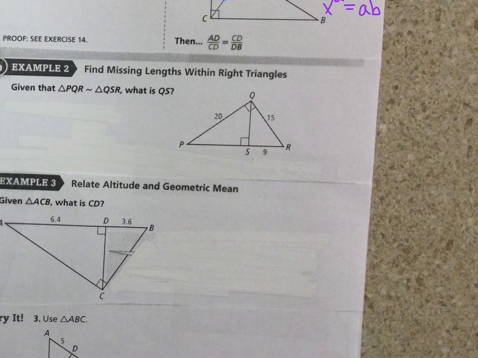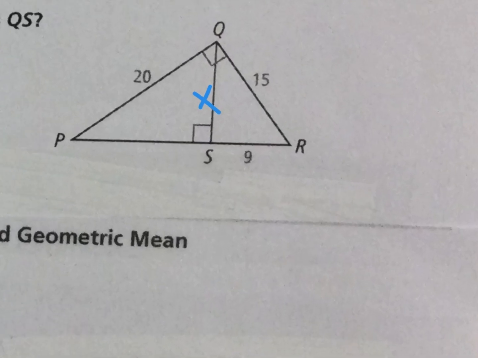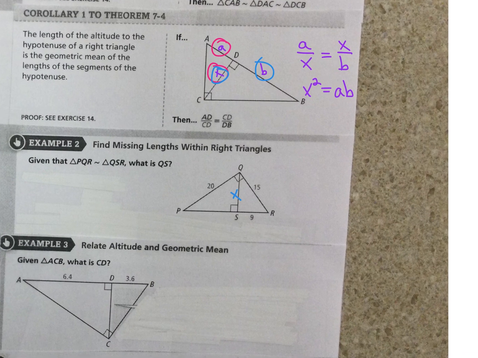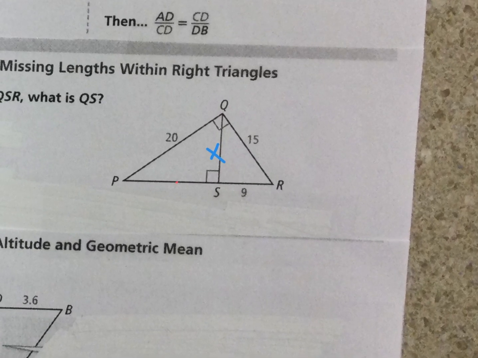Okay, so let's look at this. It wants QS. Well, the geometric mean, by the way, is always perpendicular to the hypotenuse, right? It's got to be that. So I would need this number here though, okay?